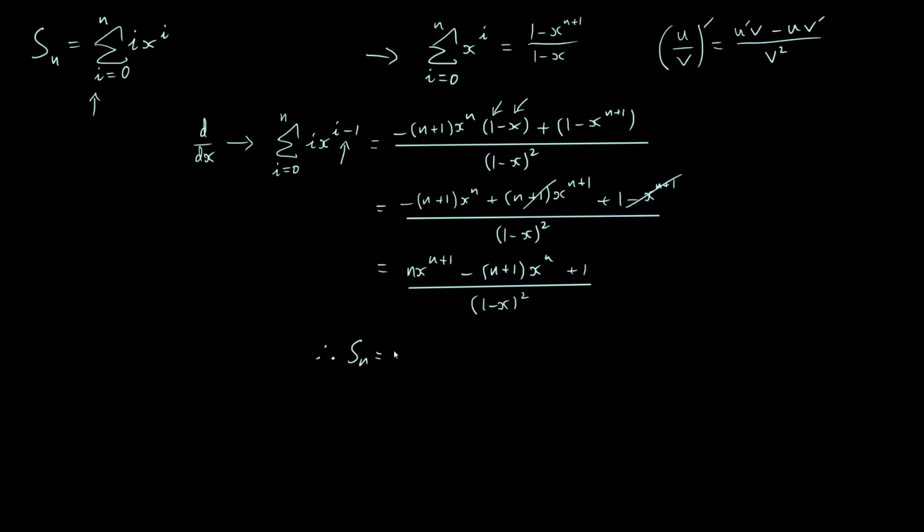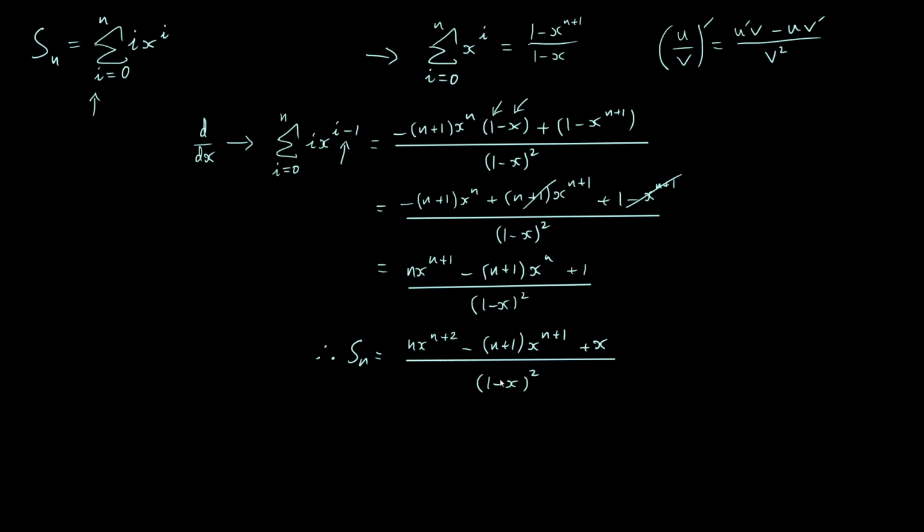So Sn is just going to be x times this, which is n x to the n plus 2, minus n plus 1 x to the n plus 1, and then we just add on x, okay? And then, again, all of that is divided by 1 minus x squared.